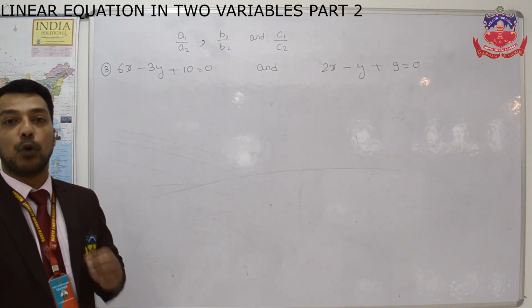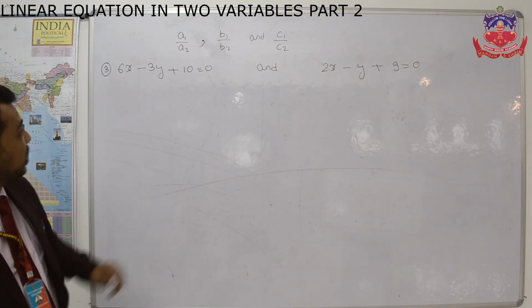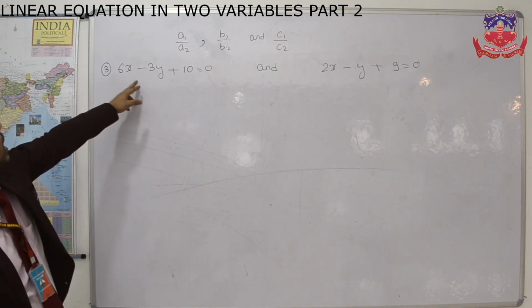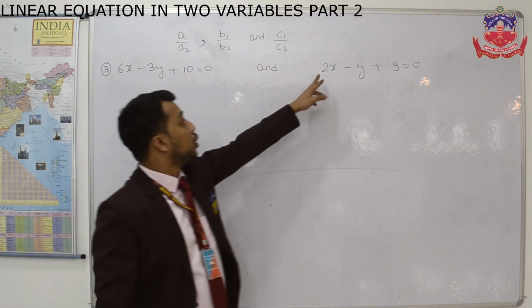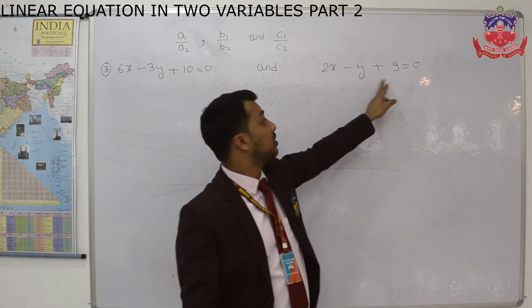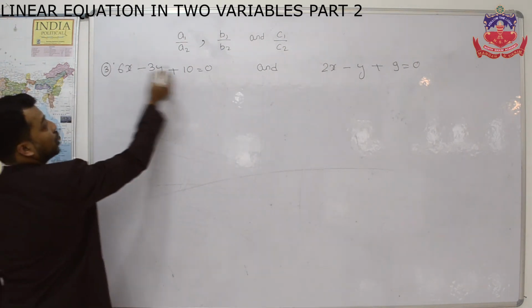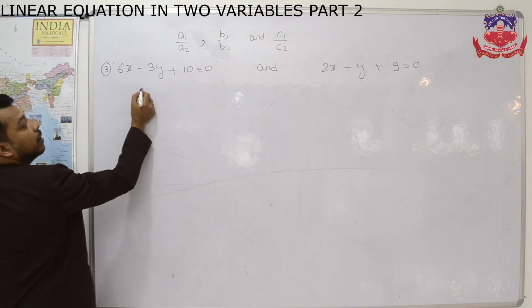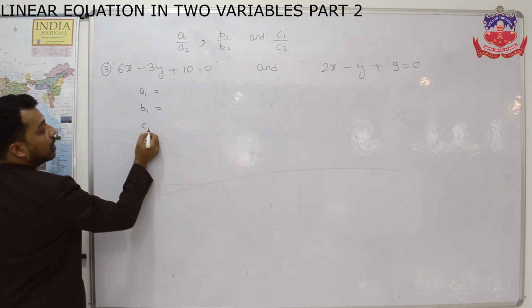Let us understand more about the conditions of solvability with the third example, which I have taken as 6x - 3y + 10 = 0 and 2x - y + 9 = 0. Using the first equation, we write the values for A1, B1 and C1.